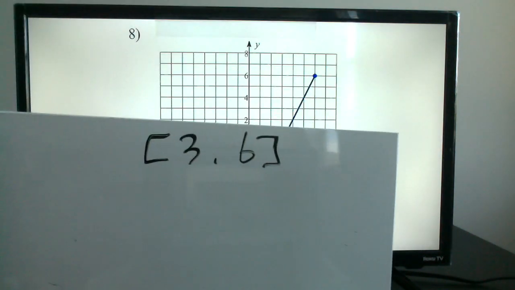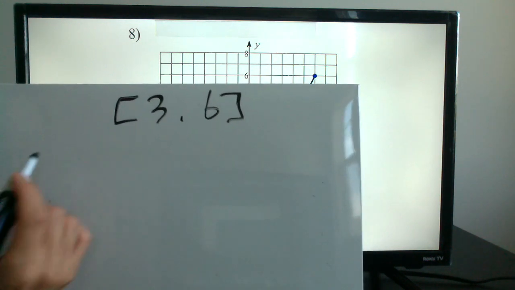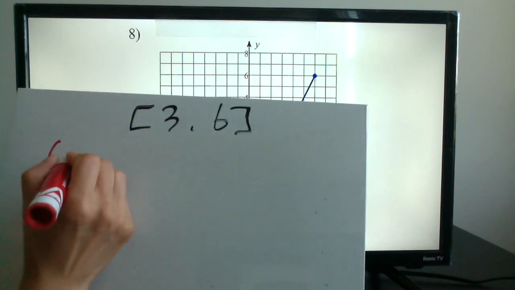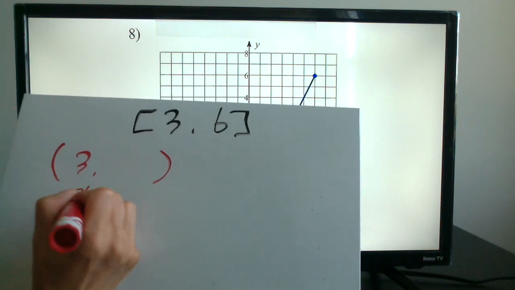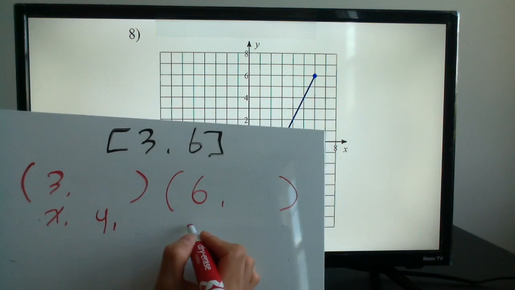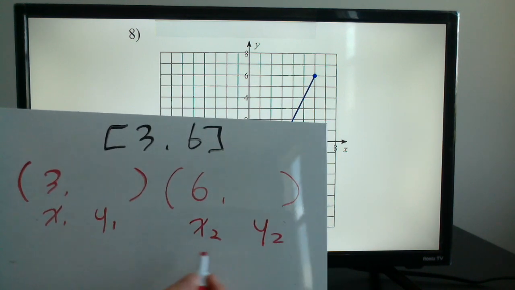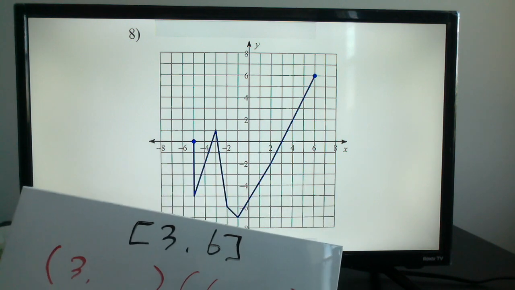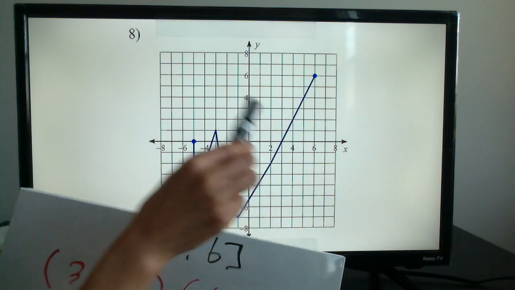Sorry, I forgot to write this. So we'll find the 2 points. What are the 2 points here? 3 and y, x1, y1; 6 and y, x2, y2, right? Okay, so let's find it. The point 6 is right here.